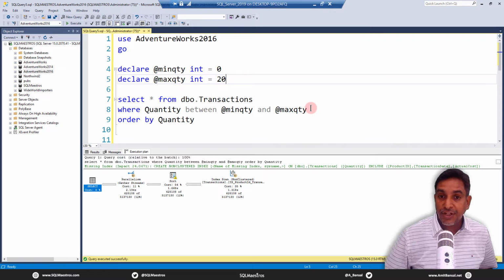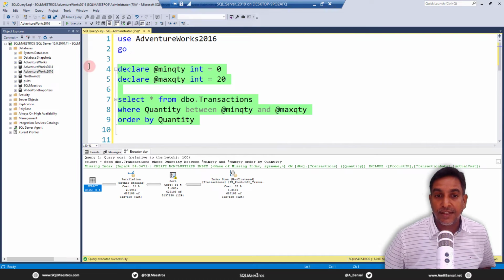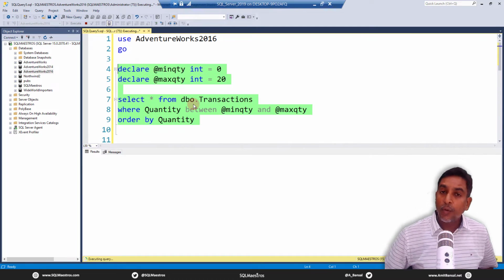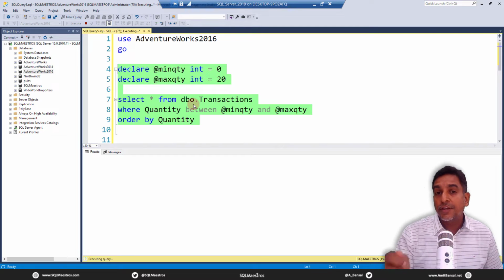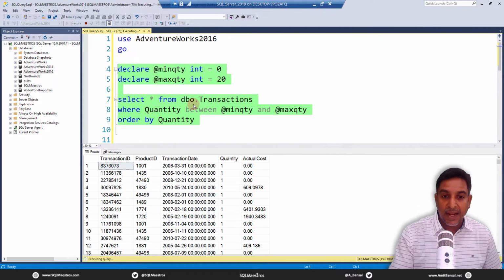Okay, so that's the default assumption I'm making here. Now let's go and change this to 20. Let's go and execute this now. Now what will happen is, first things first, the estimation is going to remain the same, and there is a reason for that. The reason is because we are using local variables.